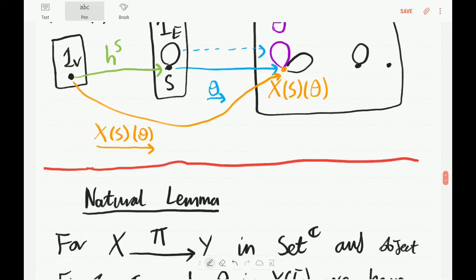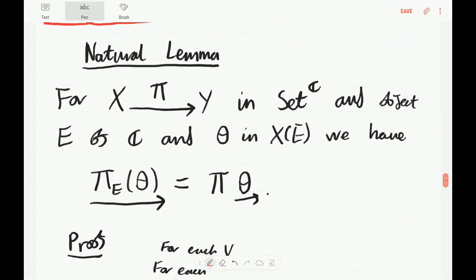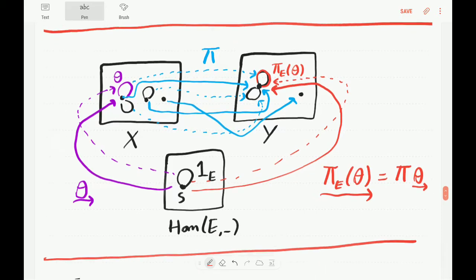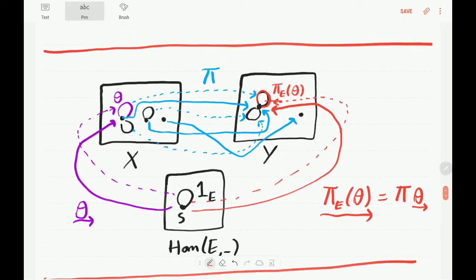The other important one we need then is the natural lemma. So again, I'll show you a picture to start with because it's easier when you see a picture. This is a picture of what's going on with the natural lemma.